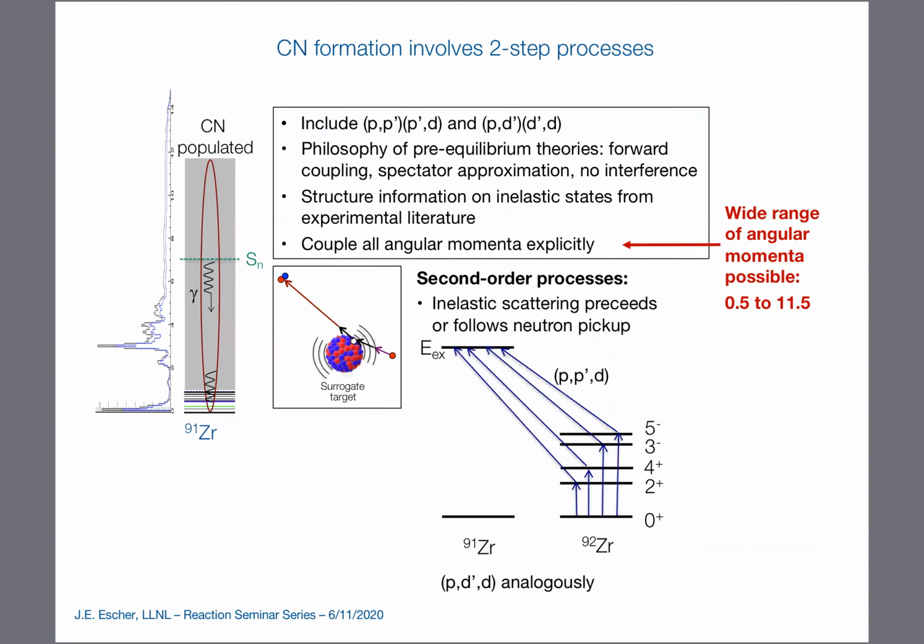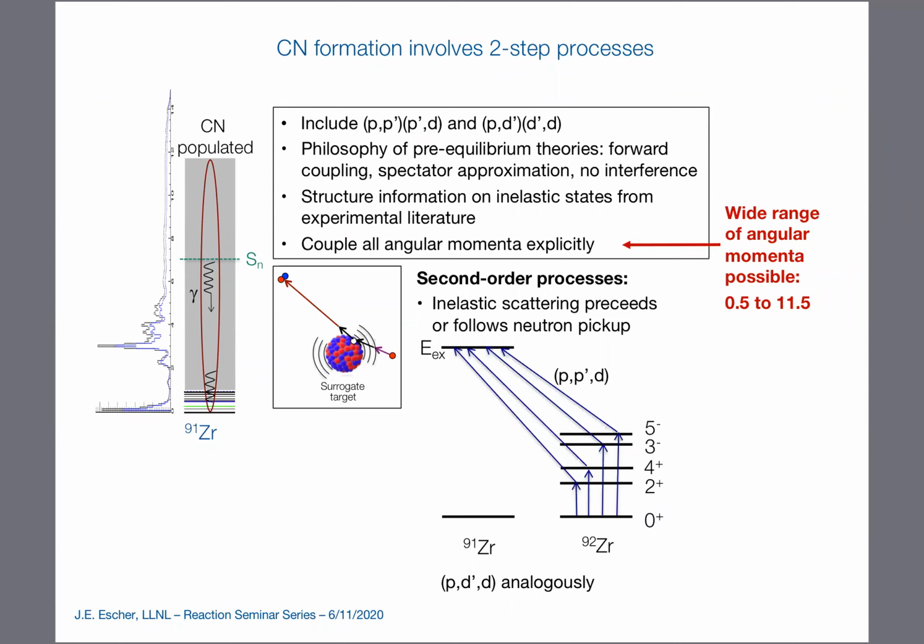So of course I don't do a very large-scale coupled channels calculation where I do all the cross couplings; I have to use some approximations. I include both types of two-step reactions that I have mentioned, but I put some constraints on this. I don't have all the information for all the cross couplings. So I assume that there's no interference between the different paths to make this final nucleus.